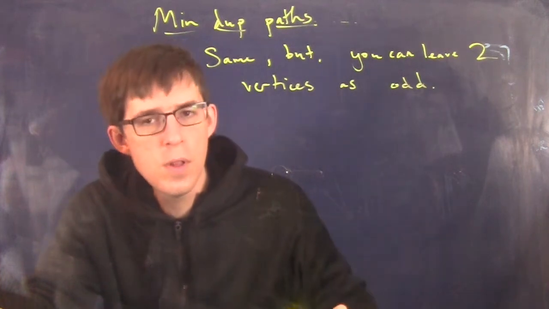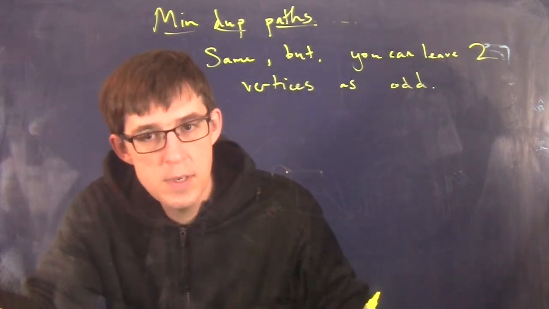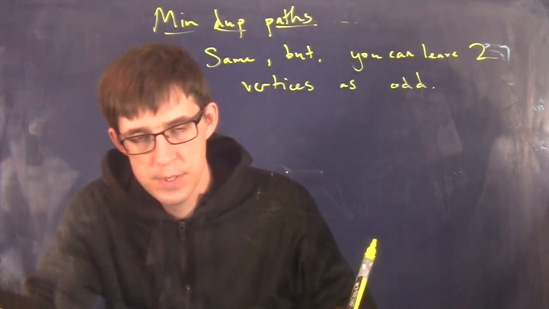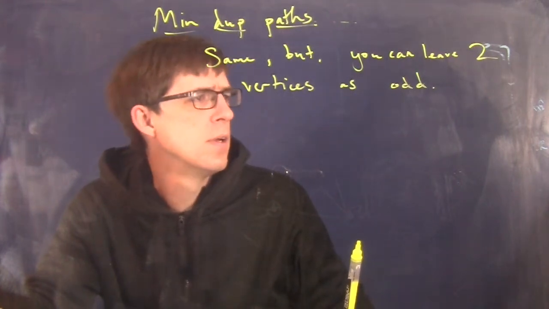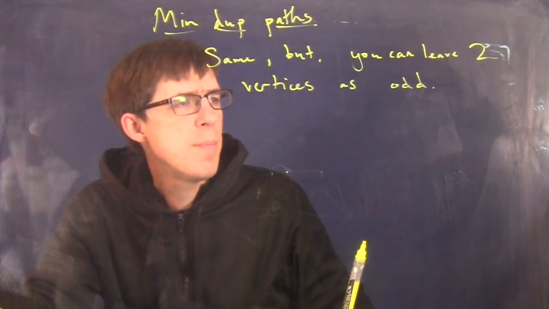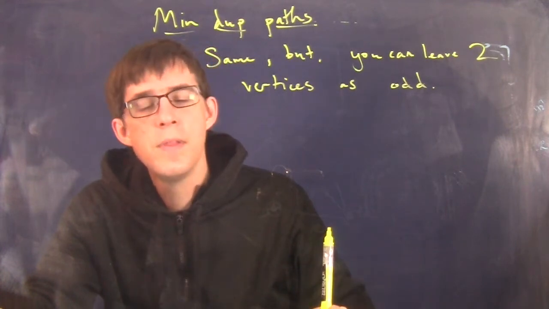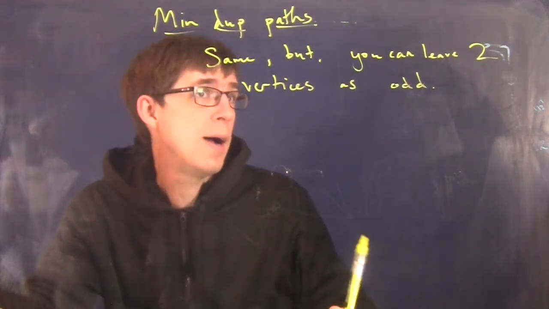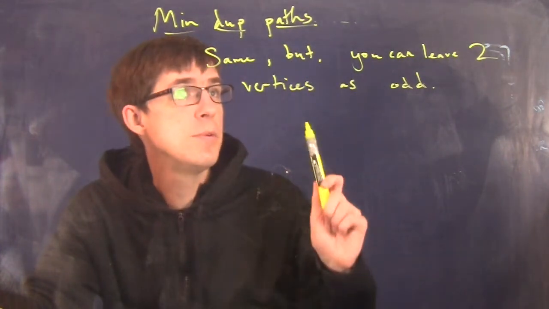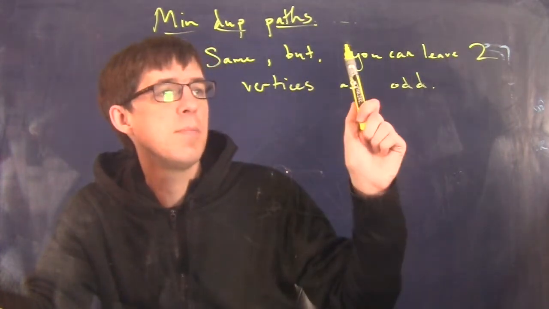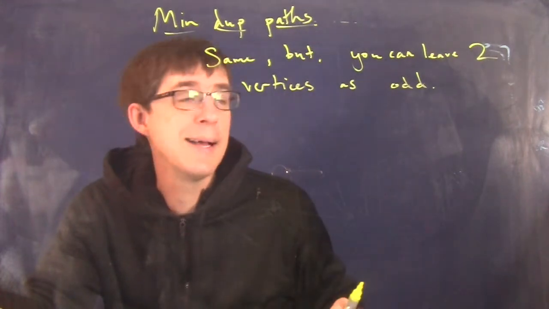Remember, to find an Euler circuit, they all must be even. But to find an Euler path, where it starts and ends at 2 different places, they all have to be even except for 2 odds. So when you do the Eulerizing process for a minimum duplication path, you do the same thing, but leave 2 of the vertices as odds.